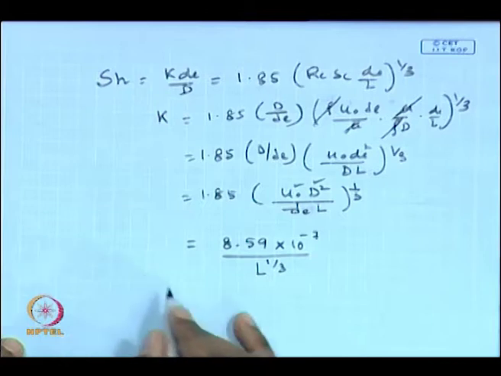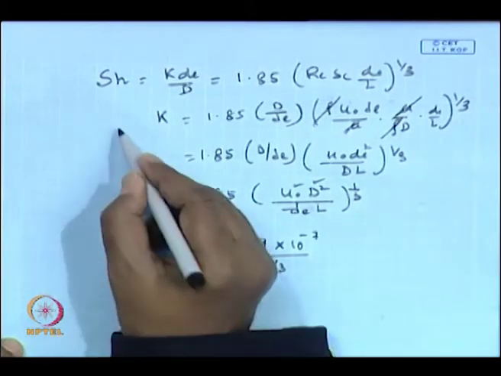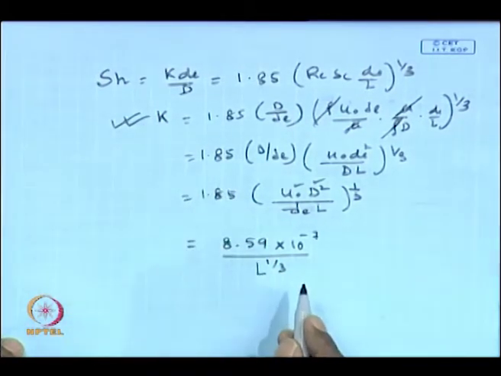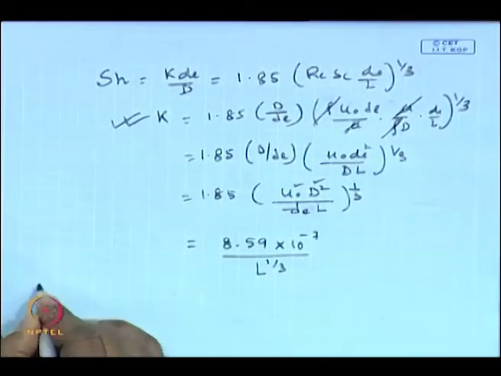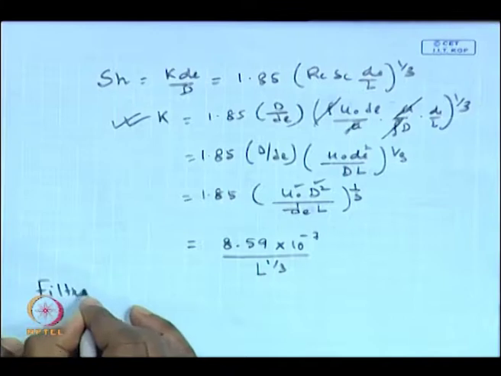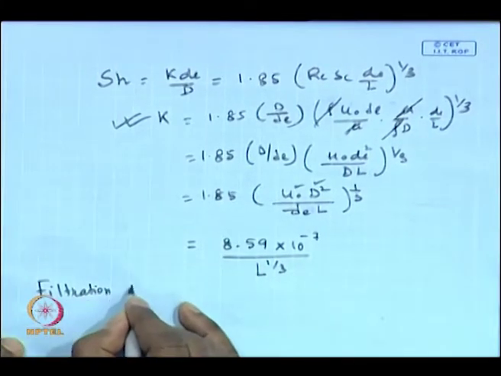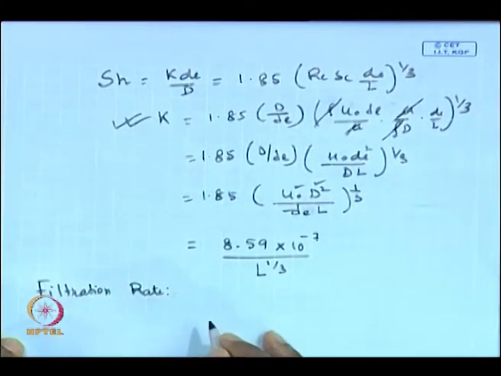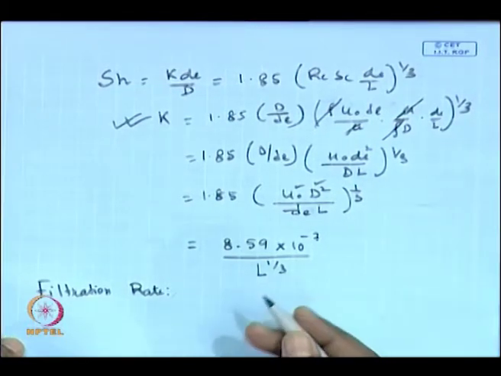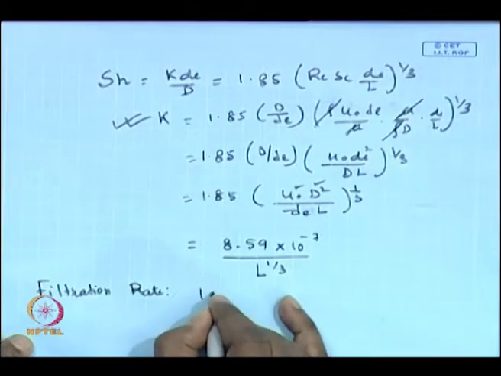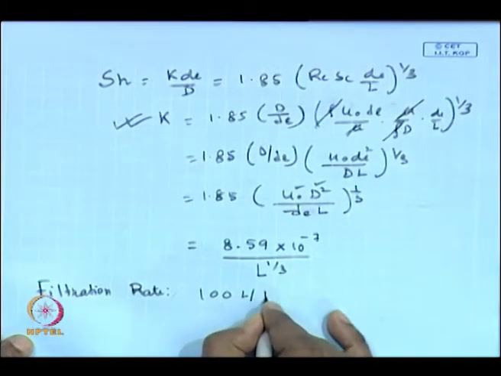That is from the information given. You have estimated the mass transfer coefficient. Then you calculate the filtration rate, and we have to convert it into meter cube per second. It is given as 100 liter per day.